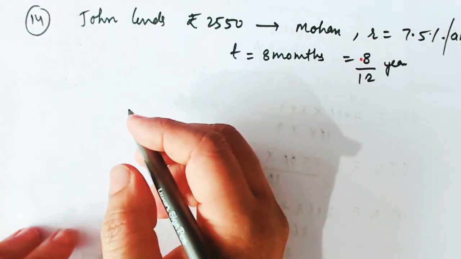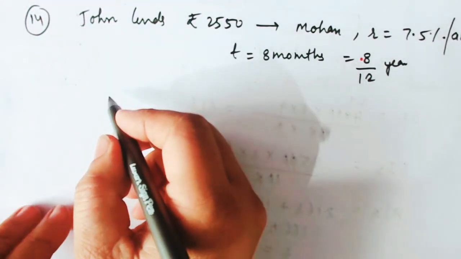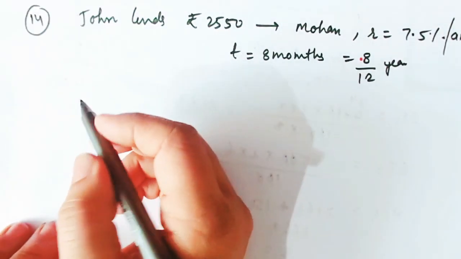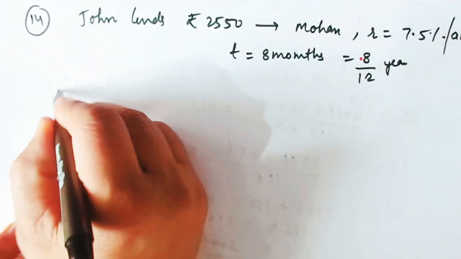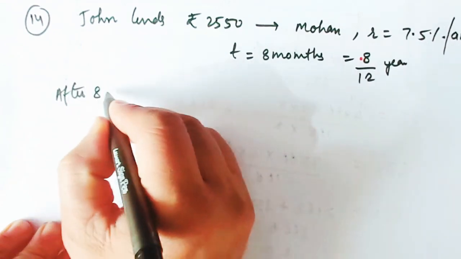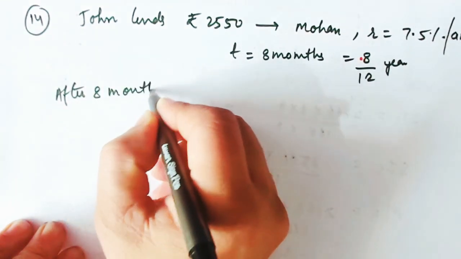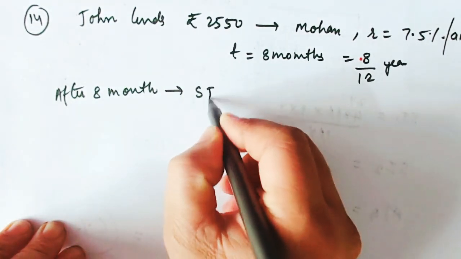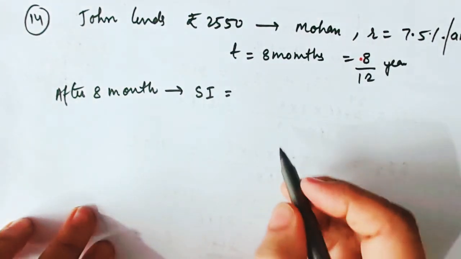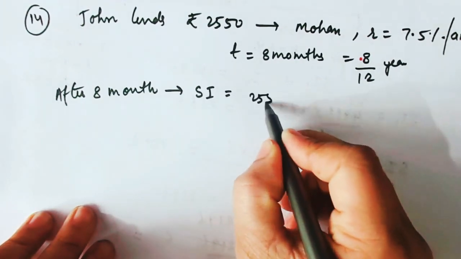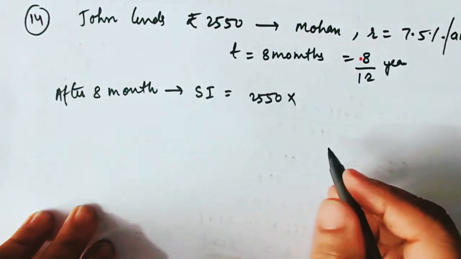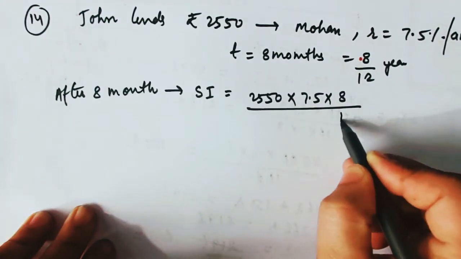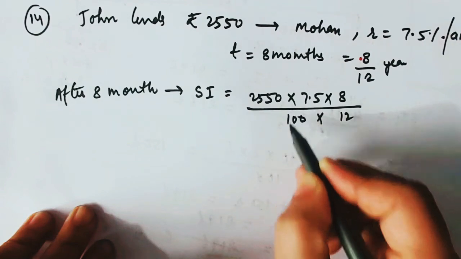Now, what was the rate percent? 7.5%. If Mohan discharges the debt after 8 months, what will be the amount? So let us find out the simple interest first. So beta, simple interest will be equal to P into rate into time, that is 2550 into 7.5 into 8 by 12 by 100.